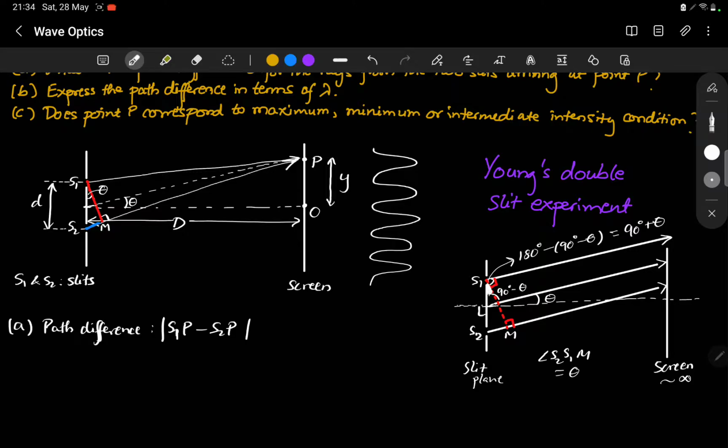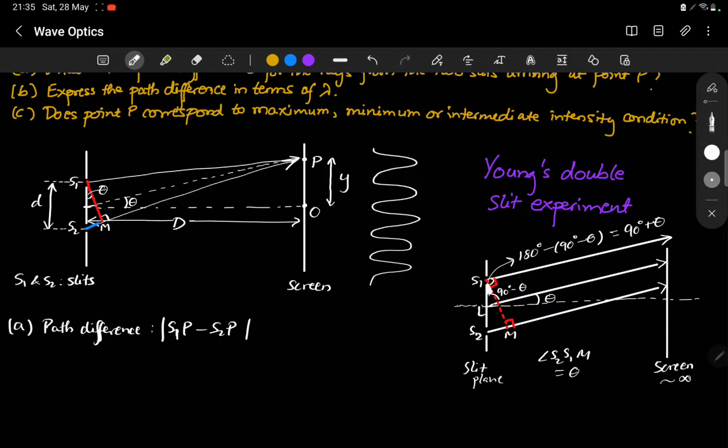So all these rays coming from the slits are parallel, and even the line from the center of the slits is also parallel. So because of that, we have this approximation. Typically the screen will not be at infinity, it will be at what we can practically call infinite distance. So approximately this angle is going to be theta.